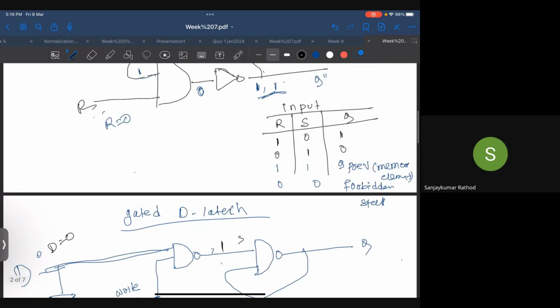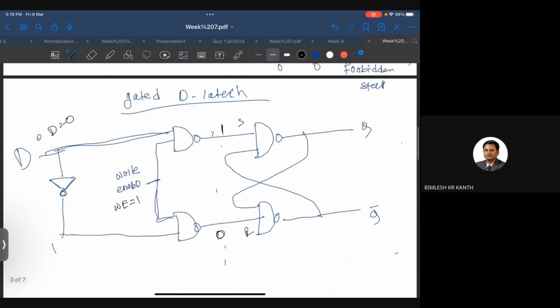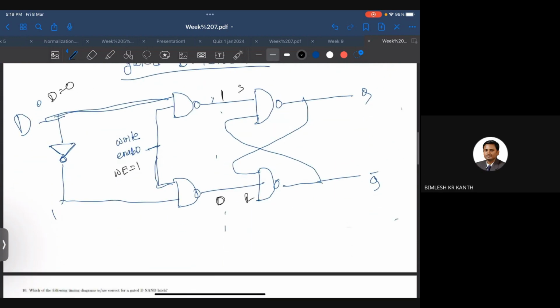Q will be 0. So let's write: WE equal to 1 and D equal to 0, output is 0.